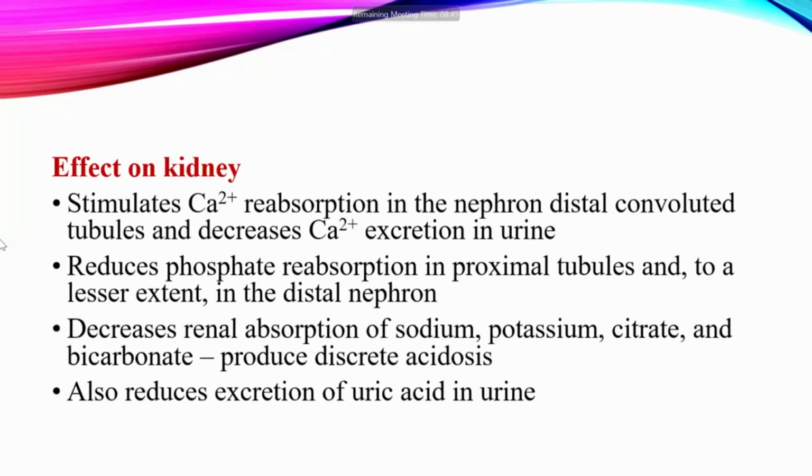Now, effects on kidney. Parathyroid hormone stimulates calcium reabsorption in the nephron's distal convoluted tubules and decreases calcium excretion in urine.